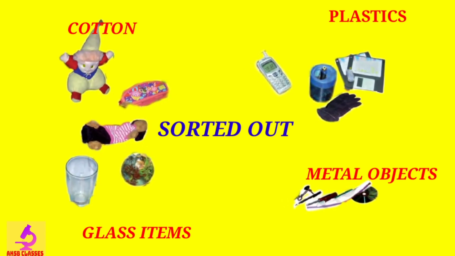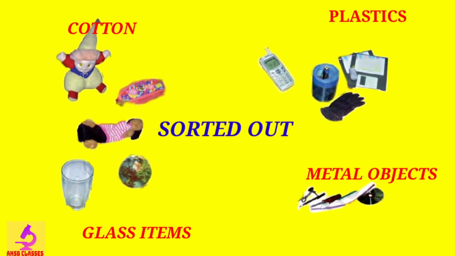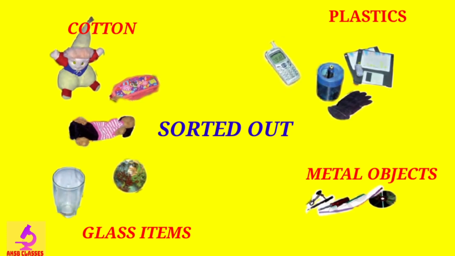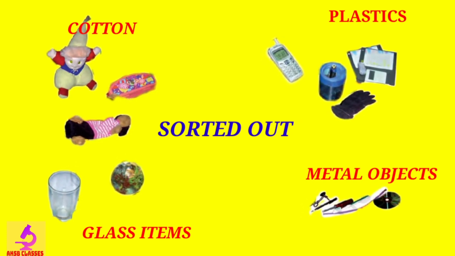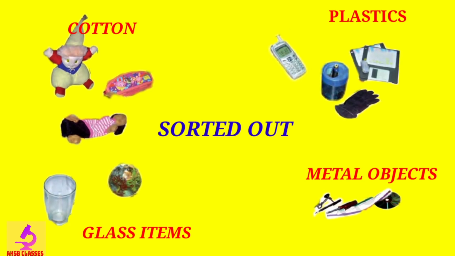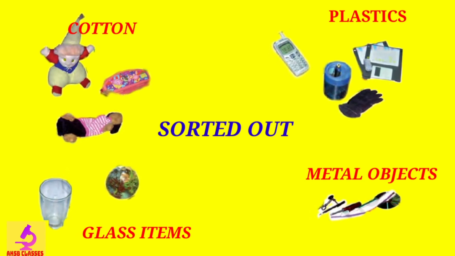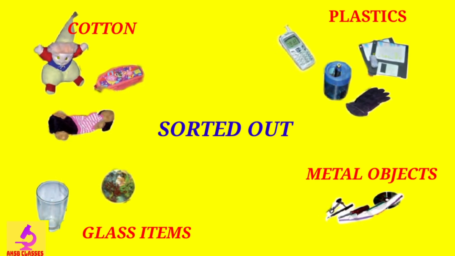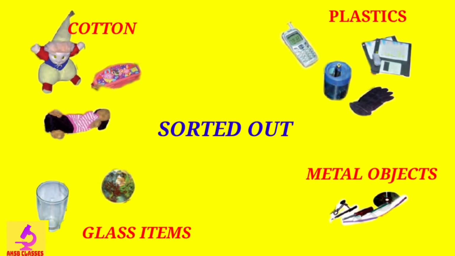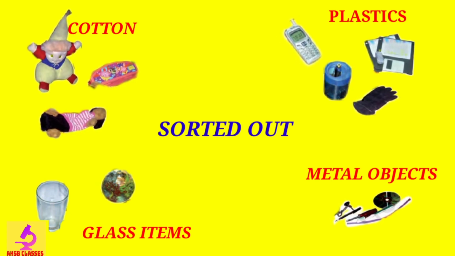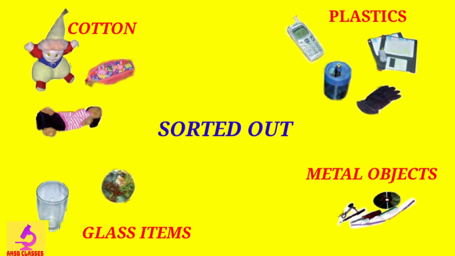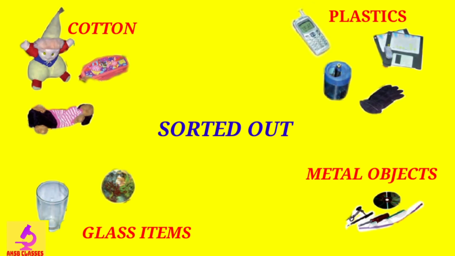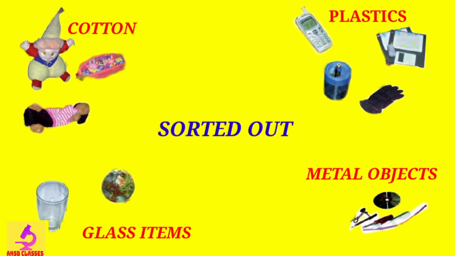Next, there is the material which is made up of fiber, that is cotton fiber or woolen fiber. So in this picture, if we see the different materials that are made up of only cotton, we can also make a separate group for the fabric materials, either shirt or trouser or handkerchiefs.